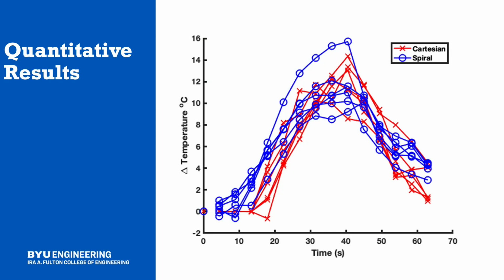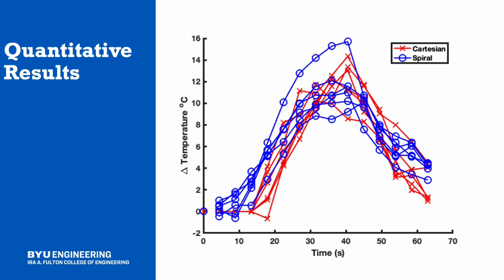Here are some more quantitative results. This plot shows the temperature trajectory at the hottest observed pixel in the axial clinical Cartesian sequence in red, and the hottest pixel observed using the spiral volumetric sequence in blue.